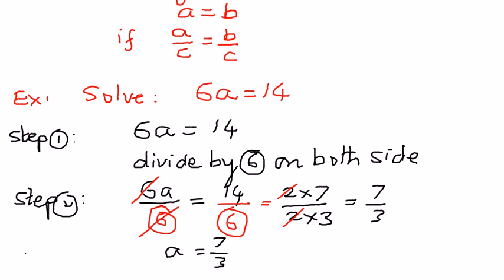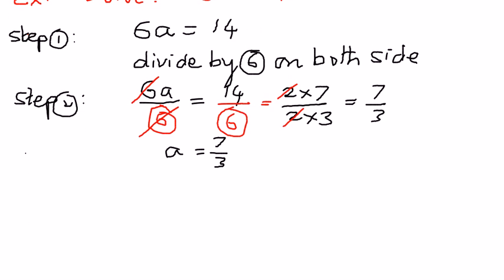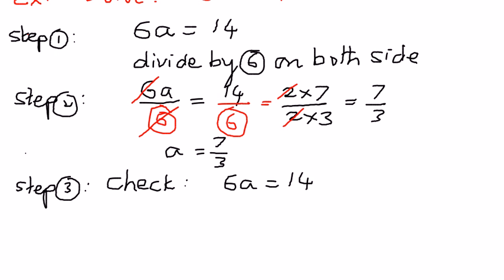And we can check our work by plugging it back into the original expression. In step 3, we will check our work. We will check by substituting the value of a as 7 over 3 into the given expression. So what do we have? 6a is equal to 14, and the value we have for a is 7 over 3, so 6 times 7 over 3 is equal to 14.